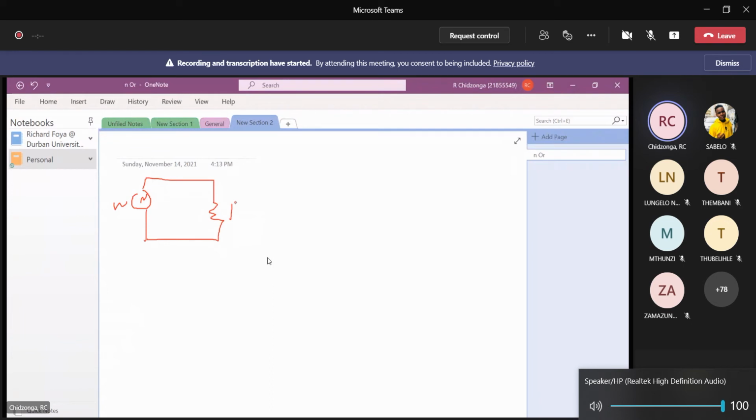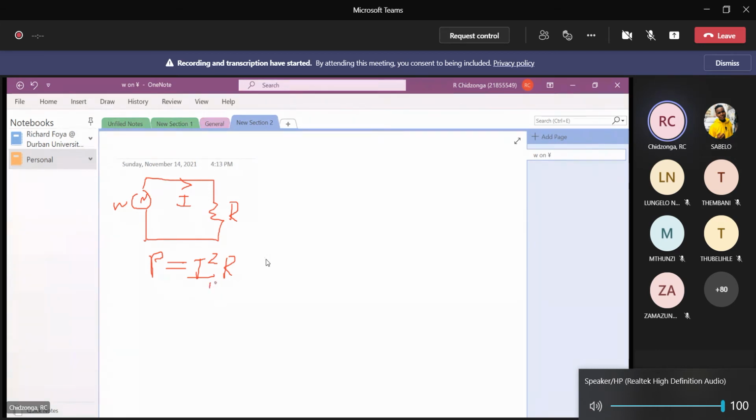It's connected to a resistor and it's drawing a current I. What is the power developed in the resistor? It is I squared R. Correct? Yes, you are correct. That is the true power, P. This we know.